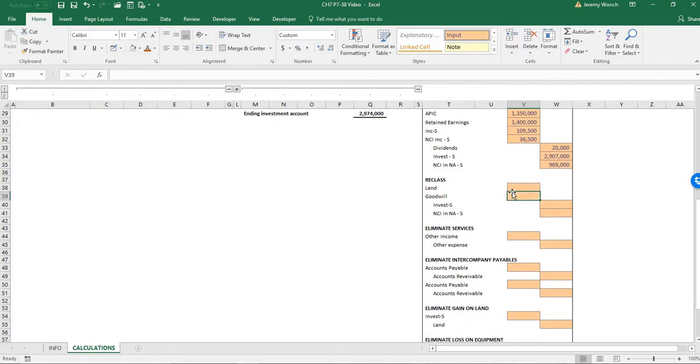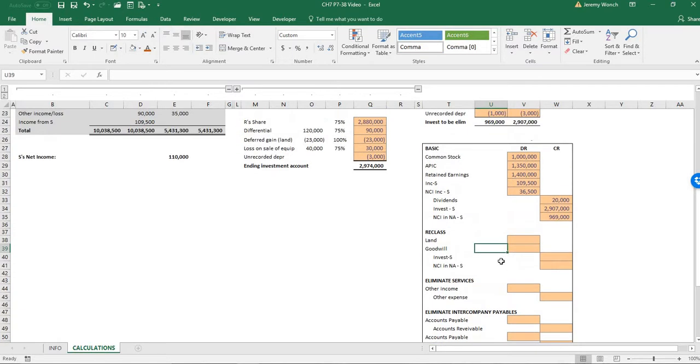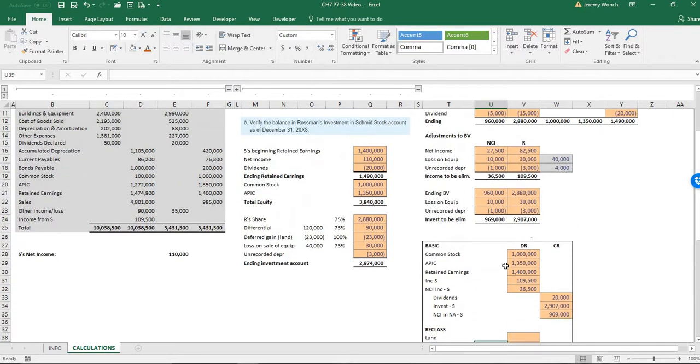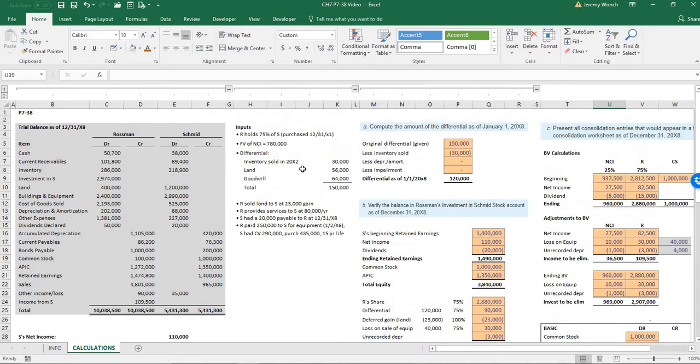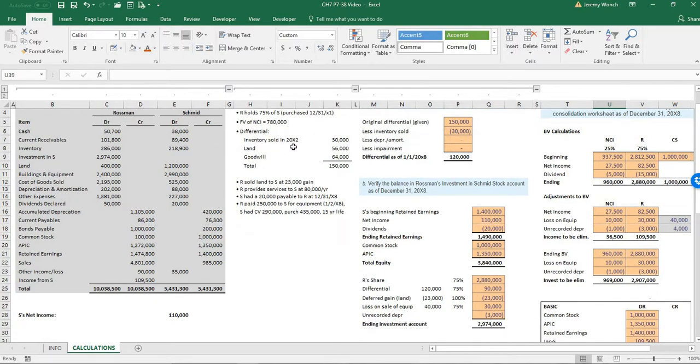And so the next thing we want to do is do a reclassification of that differential. And so what we have left of the differential, let me expand that. So we had our differential of 150, which included inventory, land, and goodwill. Inventory is now gone because that's sold, so we just have to reclassify land and goodwill.